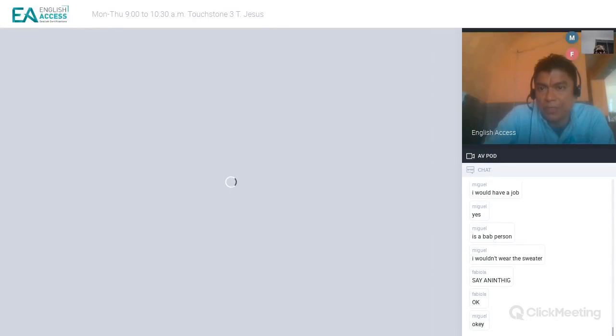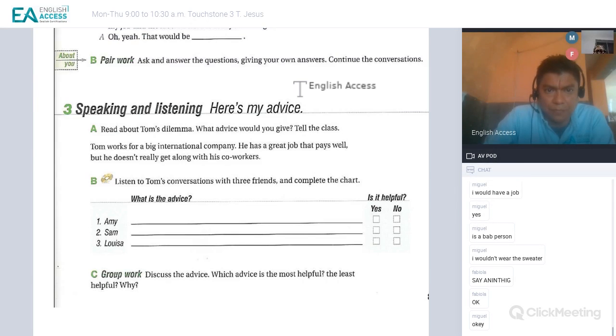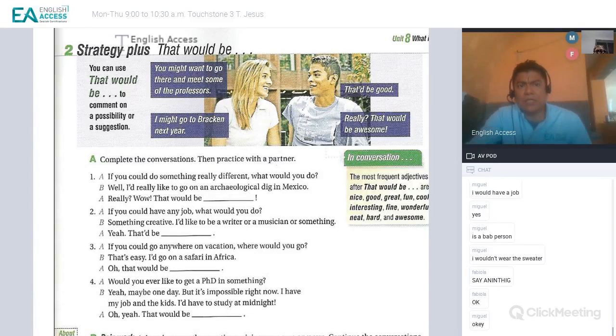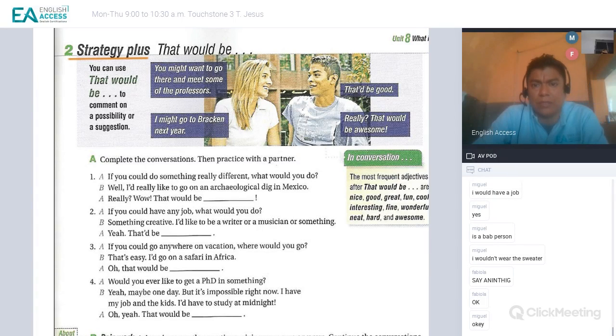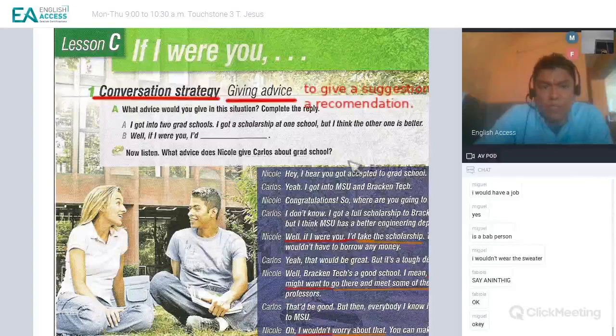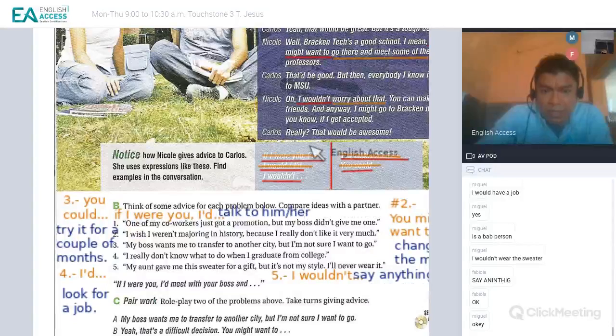So let's go to the next page. A strategy plus. Okay. Now we have a strategy plus. Remember, these strategies are expressions to have a conversation. On the first page, we have conversation strategy. And this is your conversation strategy.